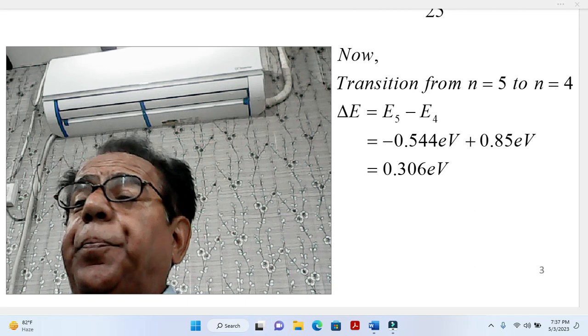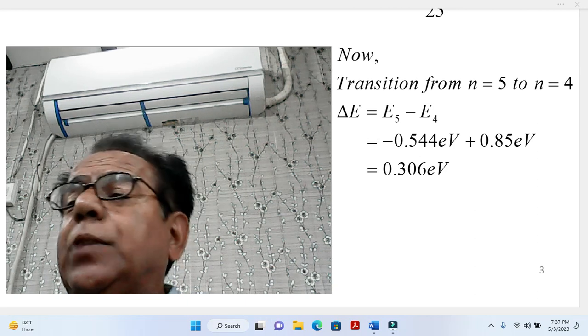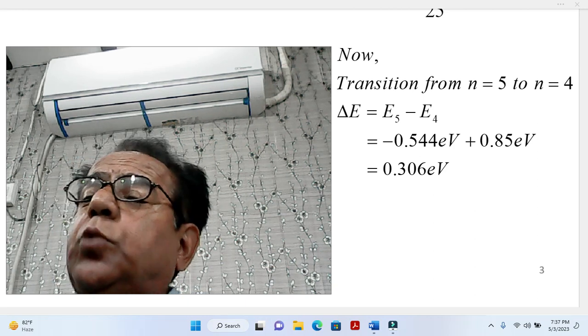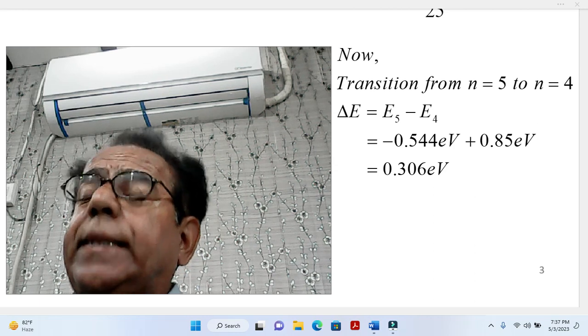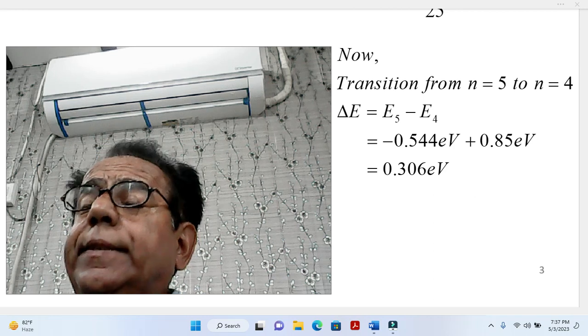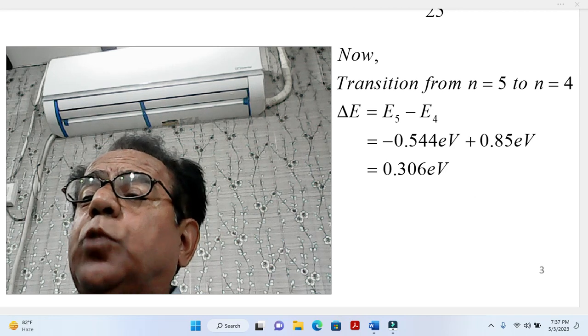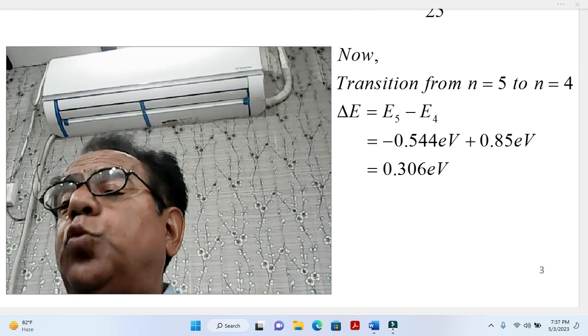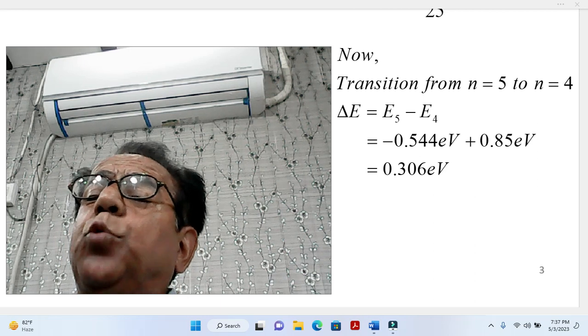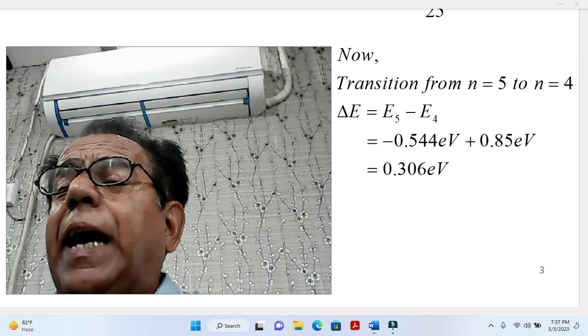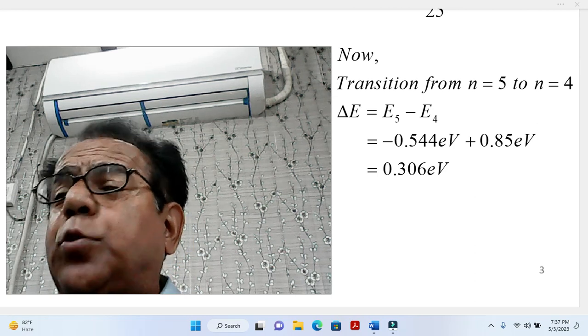Okay, now transition from n equal to 5 to n equal to 4. We are taking into consideration this transition. For this transition, delta E is equal to E5 minus E4. And we have both values E5 and E4 in the previous part of this problem.